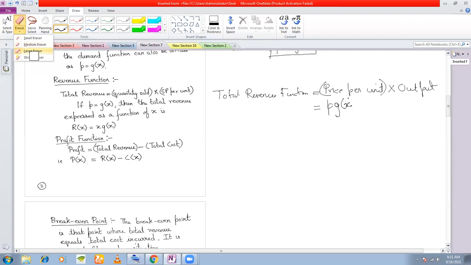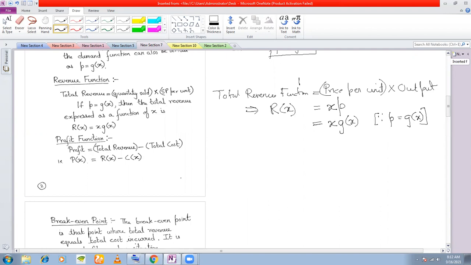Okay, quantity sold, output is X, and into P. So this is X, and P in terms of demand function is g(x). This we get from the demand function. So remember, the total revenue function is denoted by R(x), this symbol. R(x) is equal to x into P is equal to x into g(x).